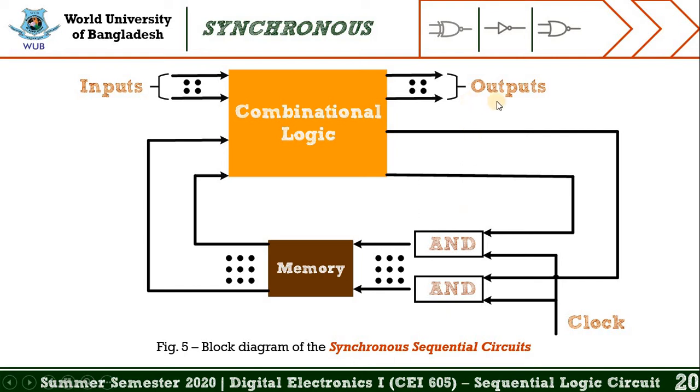That is, the inputs of the memory section are two-input AND gates as well as the clock pulse. And in the upper right section you may find the number of outputs. That's all for the block diagram of synchronous sequential circuits.